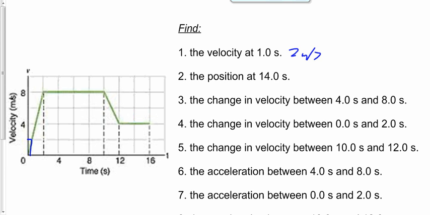The position at 14 seconds, which is a typo, it should say the velocity at 14 seconds. The velocity at 14 seconds is, we're over here to 14 seconds, 12, 14, 16, 14 seconds up and over, looks like 4 meters per second. Hey, nothing new here, right?